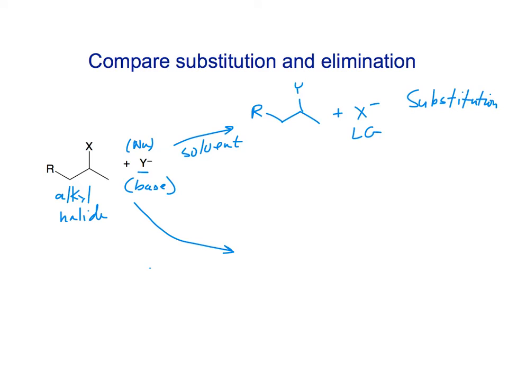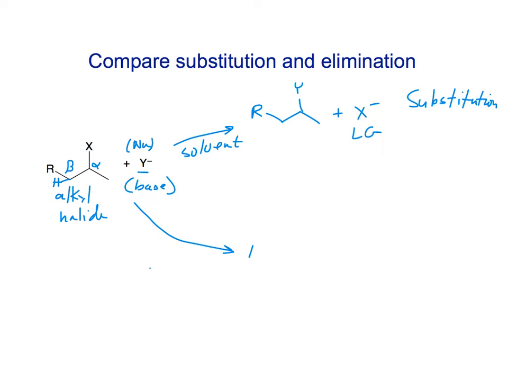And so the base is going to remove a proton from what we call the beta position. So the alpha position is the position bearing the functional group, the leaving group. The beta position is the carbon next to that. So we're going to lose a proton on the beta position.